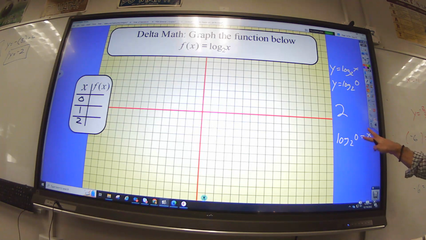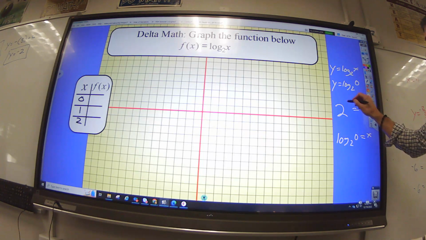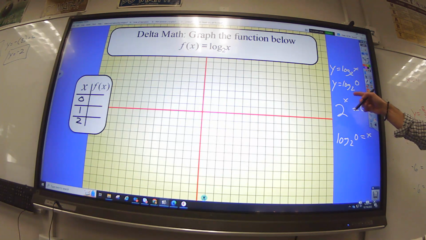Remember, we take these two, we could flip them. What can I plug in for x to make 2 to the x equal 0? What exponent? You think the 0 power is 1. 2 to the 1 is 2. 2 to the negative 1 is 1/2. Can I make this 0 by plugging in any number here? Say no. No, it is undefined.